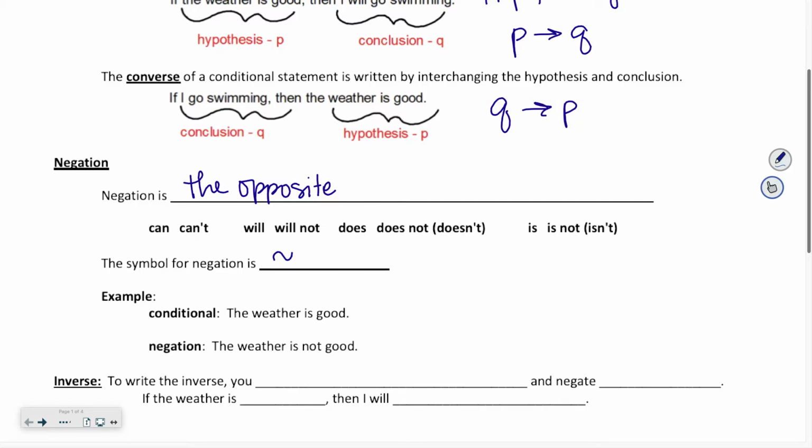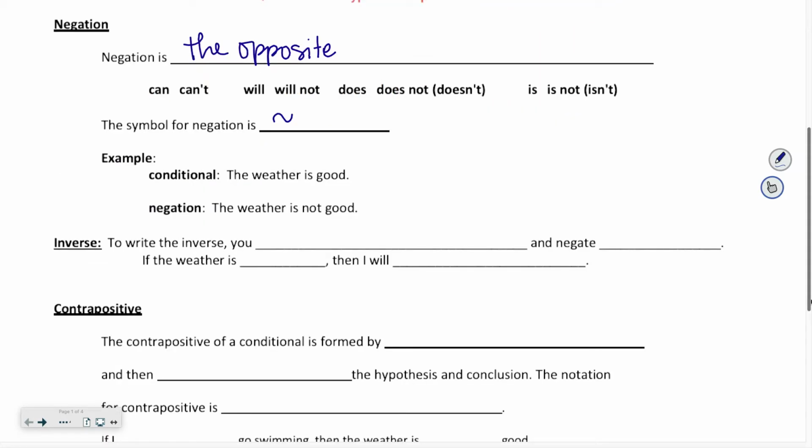All right, conditional statement, just if-then. Converse, you're going to take it and switch the order. Now we're going to talk a second about inverse. To write the inverse, I'll show you an example of all this in just a minute.